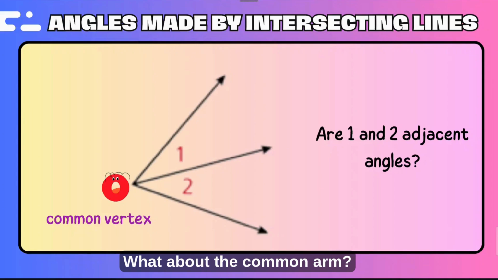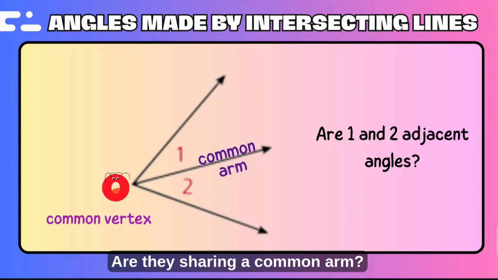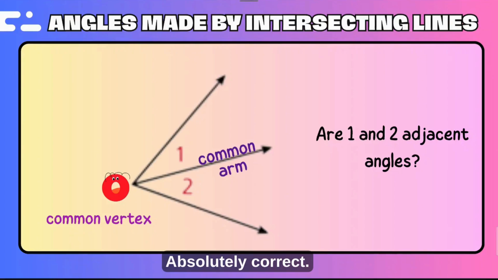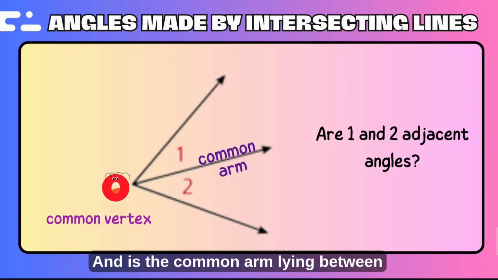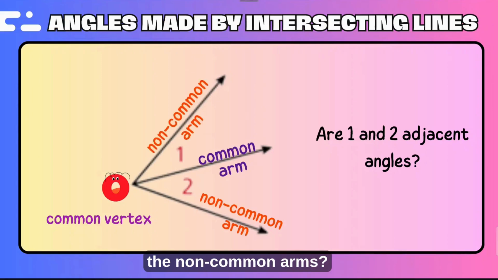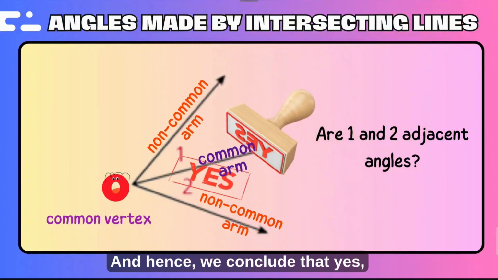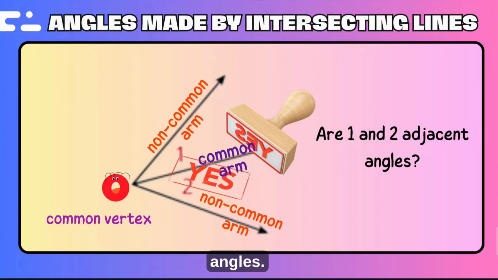What about the common arm? Are they sharing a common arm? Absolutely correct. And is the common arm lying between the non-common arms? Exactly. All three criteria are met, and hence we conclude that yes, both angle 1 and angle 2 are adjacent angles.